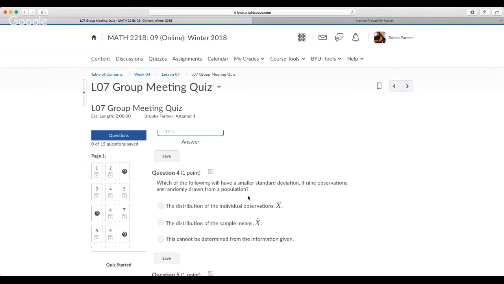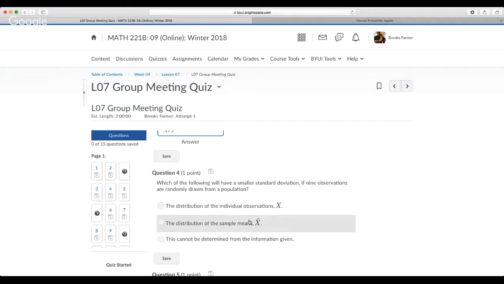Basically, what I found out is that the sample standard deviation is always going to be smaller, because when the standard deviation of your sample matches the population, that standard deviation is 0. Because the sample standard deviation is talking about the deviation from the population. That makes sense? The first one, yeah.